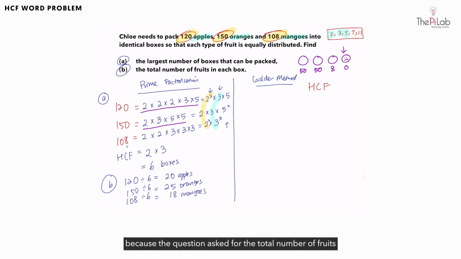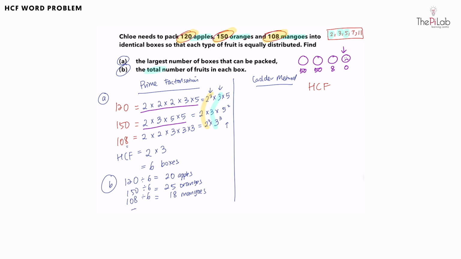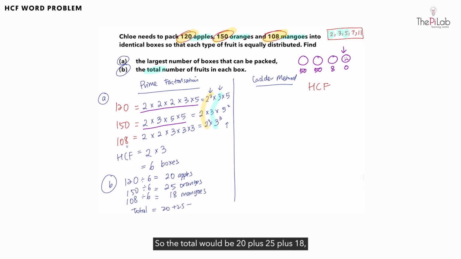But that's not the end, because the question asks for the total number of fruits in each box. So the total would be 20 plus 25 plus 18, which gives us a total of, let's see, 63 fruits in each box. So that's it for the prime factorization method.